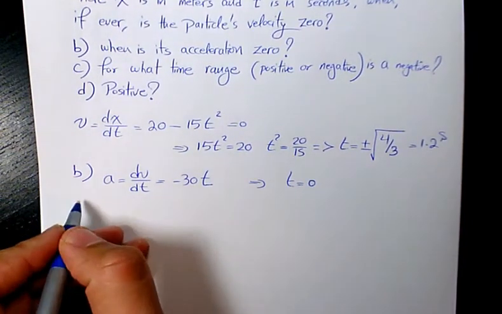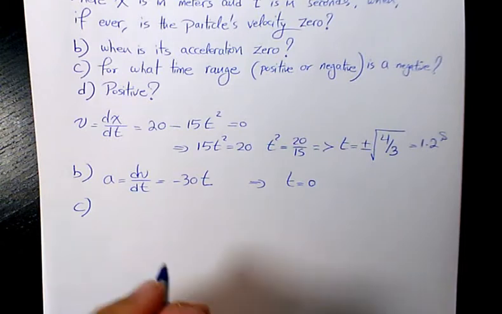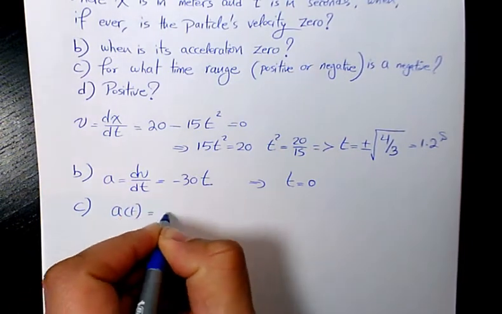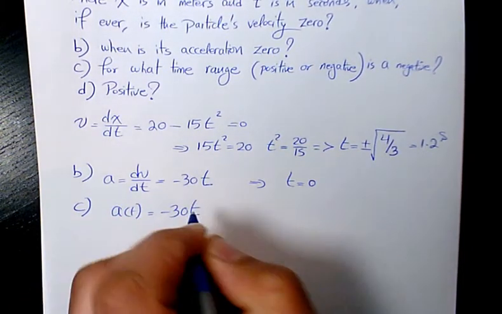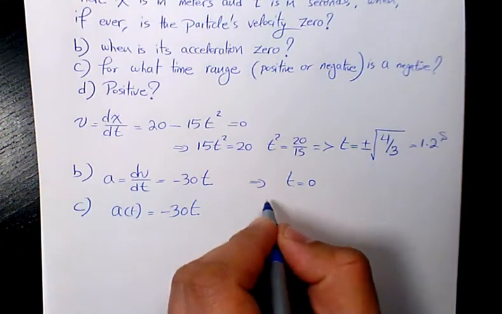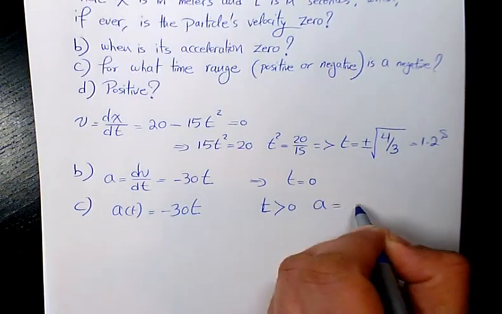Part C, it says for what time range, positive or negative, is the acceleration negative. So we can say that a as a function of time equals negative 30t. That can't be positive at all, because when time is positive, a is going to be negative.